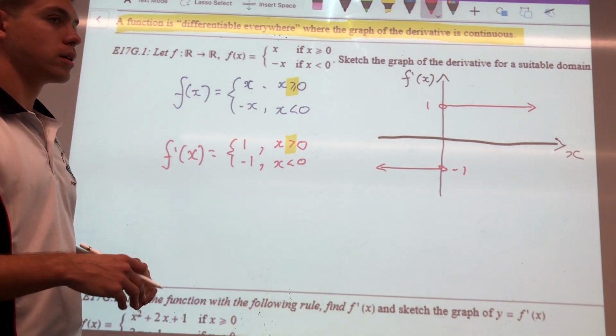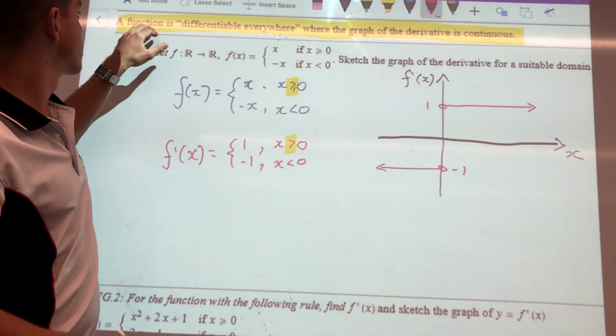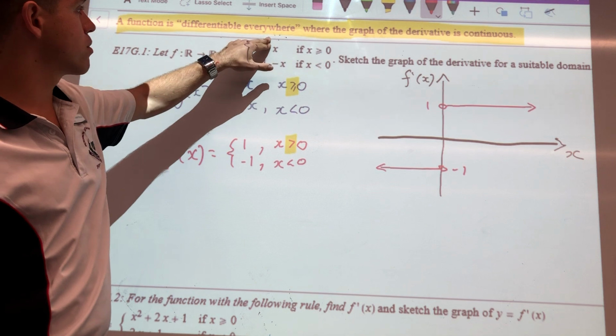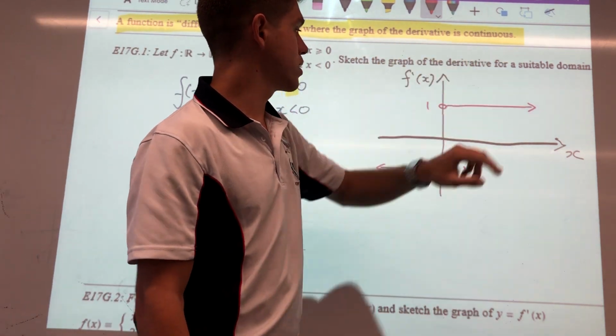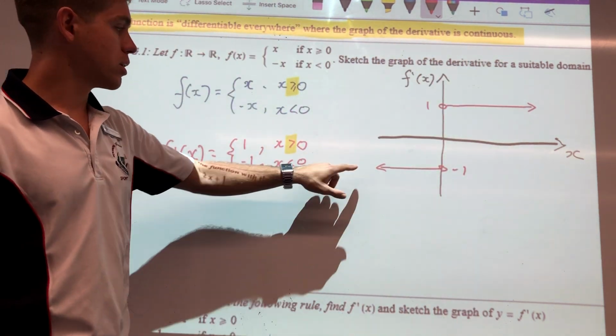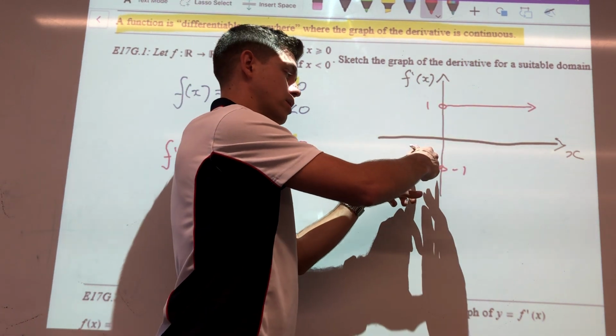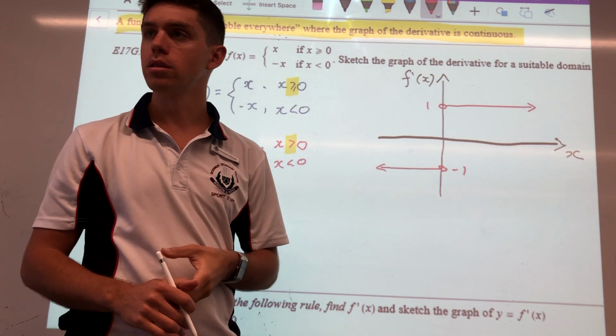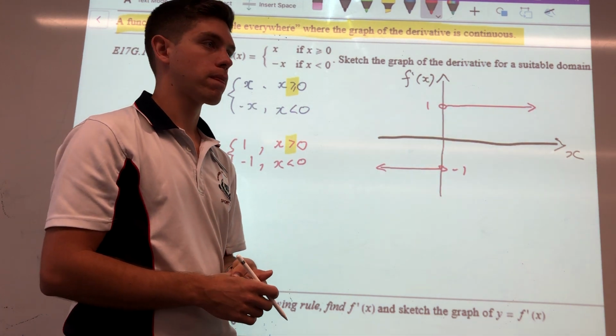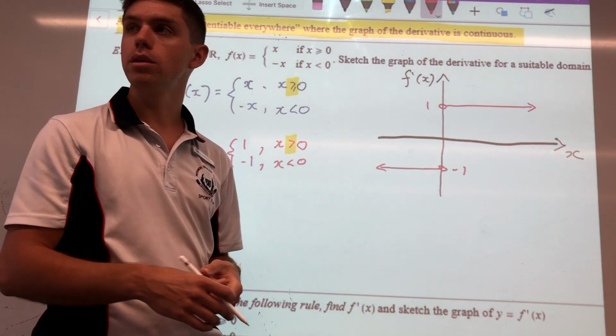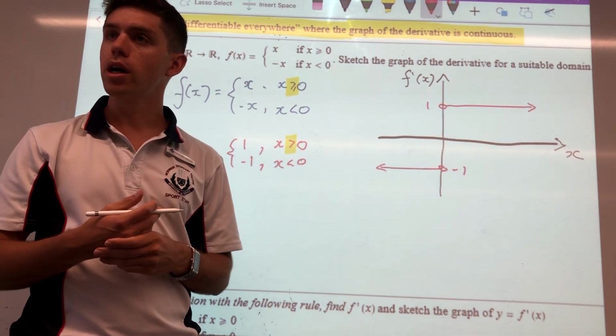So, let's go back to our original statement. A function is differentiable everywhere where the graph of the derivative is continuous. So this is the graph of the derivative. What happens as we approach x equals 0 from the left and the right? The points don't meet, do they?